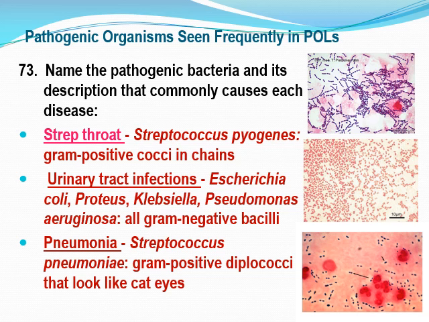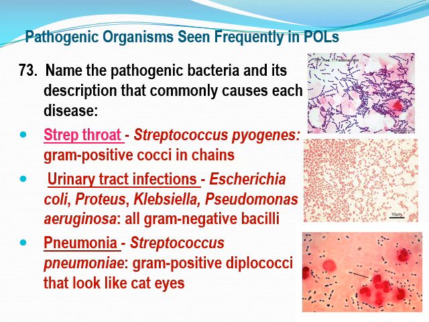So we're still talking about these pathogenic organisms that we see frequently in physicians' office labs, and they're strep throat, right? Streptococcus pyogenes, which is that gram-positive cocci in chains, right? And then urinary tract infections with Escherichia coli, E. coli, Klebsiella, Pseudomonas aeruginosa, all gram-negative bacilli, and then pneumonia.